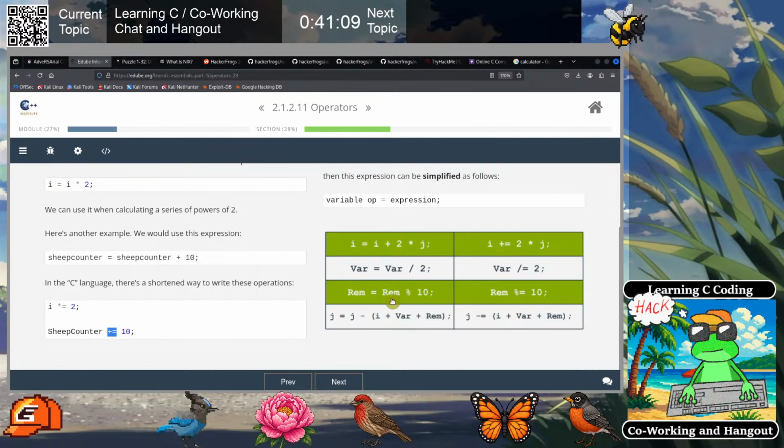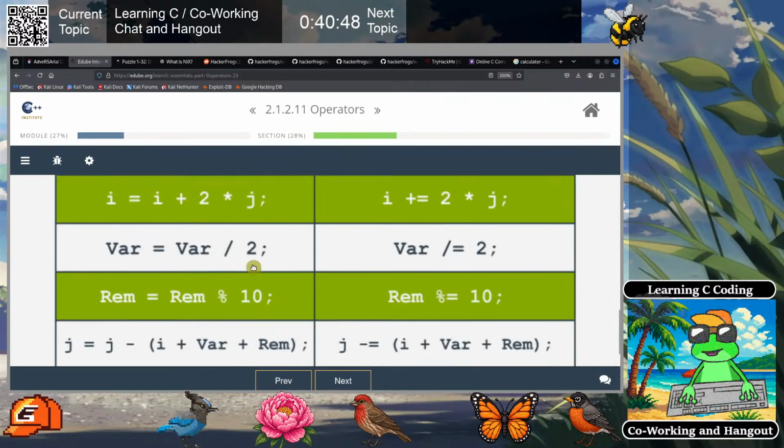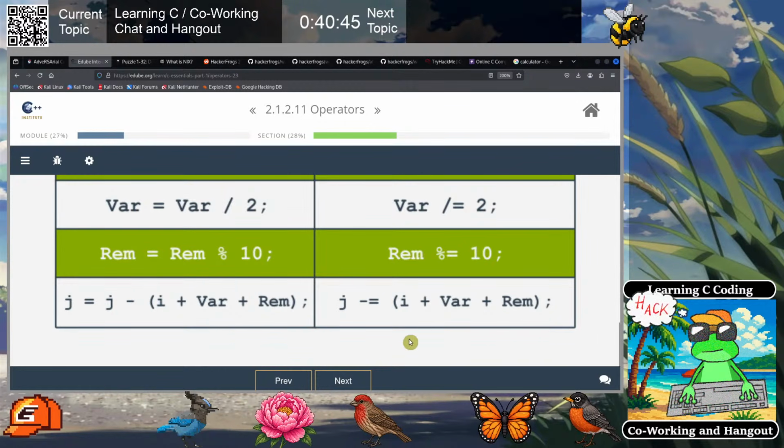Rem equals rem modulo 10, or rem modulo equals 10. j equals j minus i plus var plus rem, or j minus equals i plus var plus rem. Okay. I think we should be able to follow along with this.